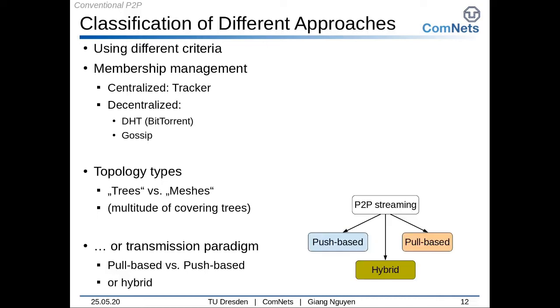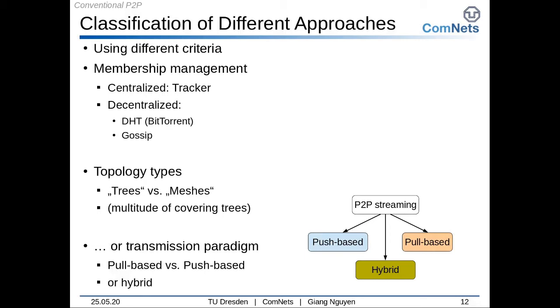Subsequently, we classified three types of systems: pull-based systems, push-based systems, and hybrid systems. We also discussed the drawbacks and advantages of each of the types of P2P video streaming systems.